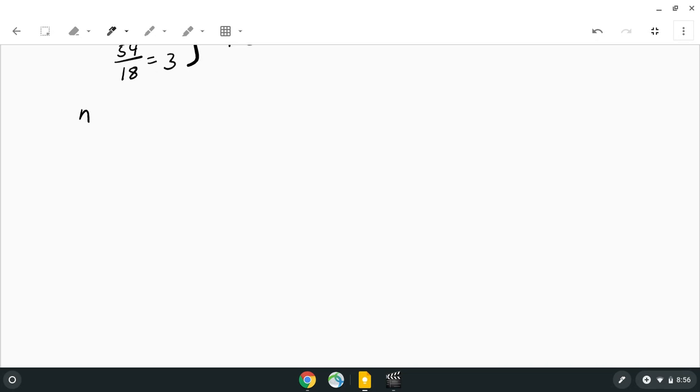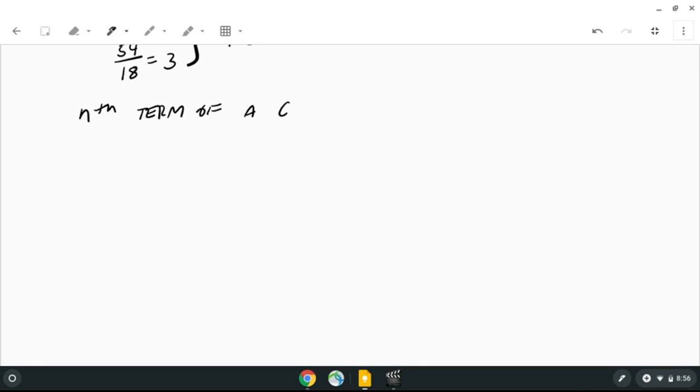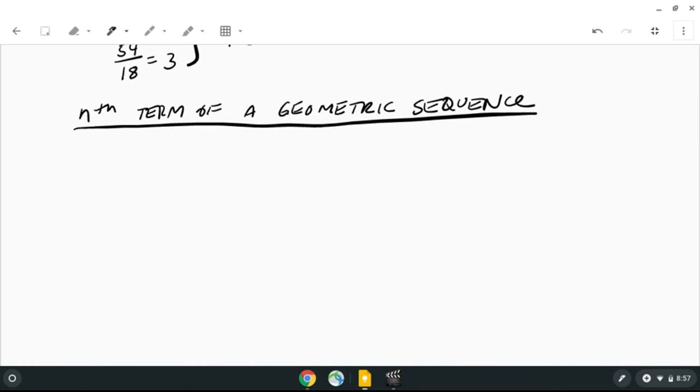Okay, so the nth term, or the function for the geometric sequence. So for the test, definitely, you can use a sheet of formulas.